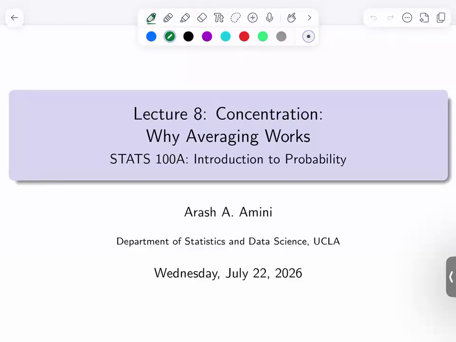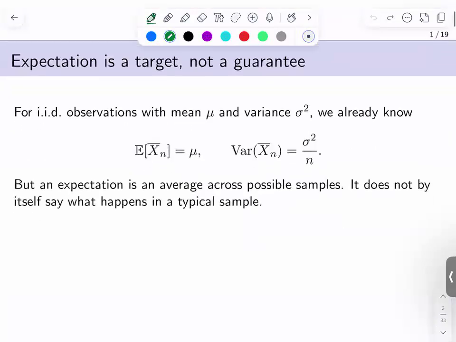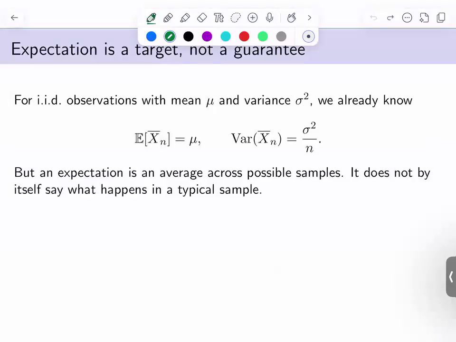So if not, in the next two lectures, I want to talk about these important limiting results. Today and the next lecture are about the CLT, which is really important. Today is about concentration, this idea of concentration, sometimes called concentration of measure, or another way of saying it is why averages work, and it is central to the effectiveness of statistics.